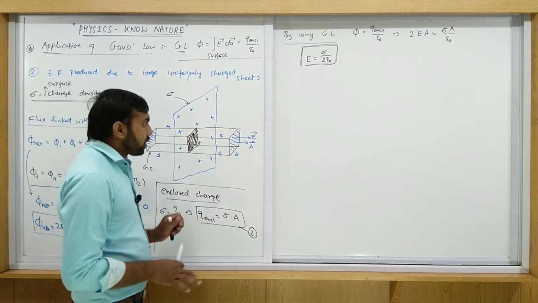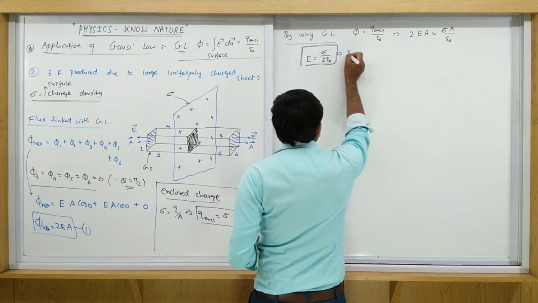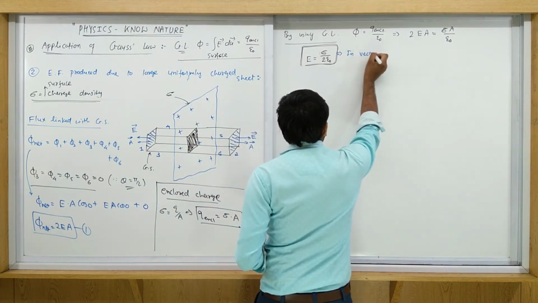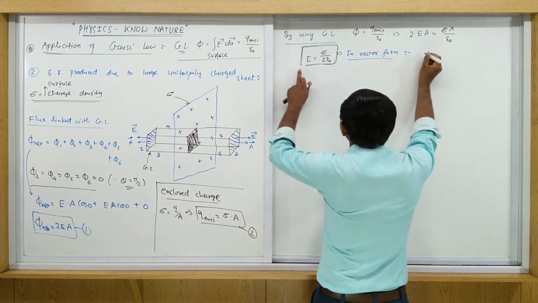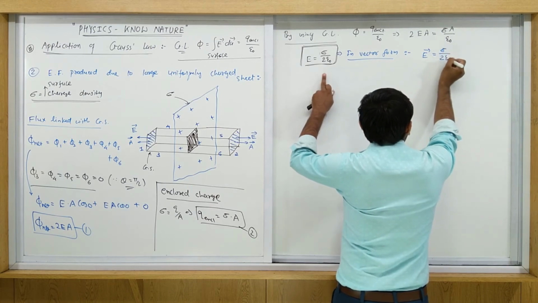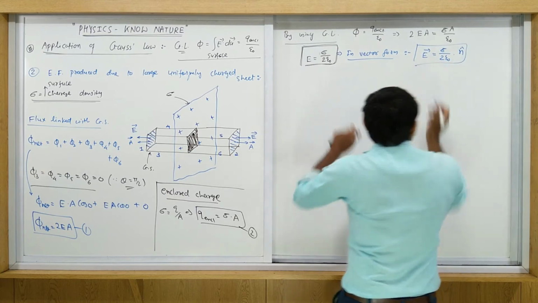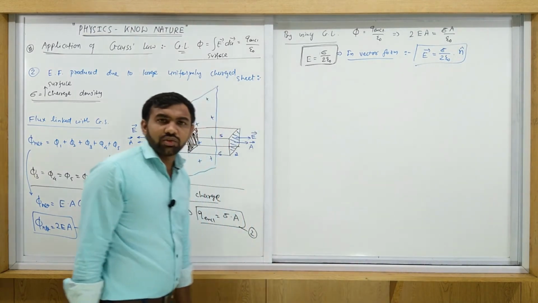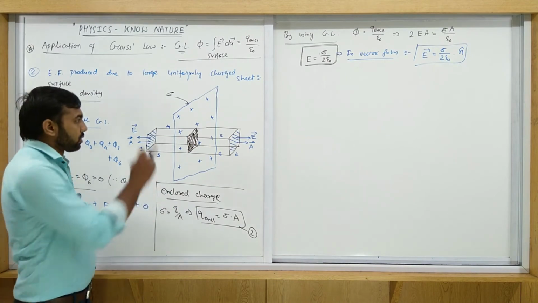If you want a direction, then you write the same relation in vector form. E is equal to sigma upon 2 epsilon naught into n unit vector, where n unit vector is the direction of the electric field, perpendicular to the plane.